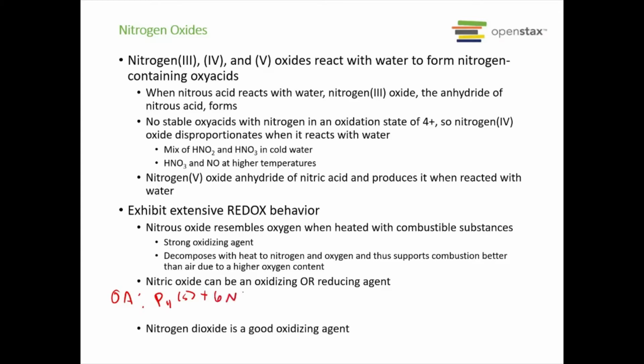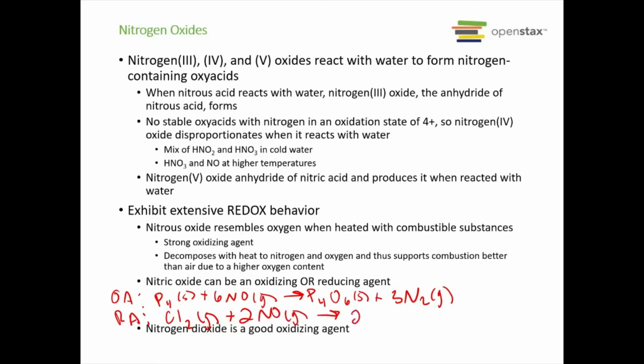So we're reacting this with NO, oxidizing that P4 to make P4O6, and then the nitrogen gets reduced. It can also be a reducing agent. An example here is reacting it with chlorine gas. That chlorine gets reduced, and we make this one product, 2ClNO.